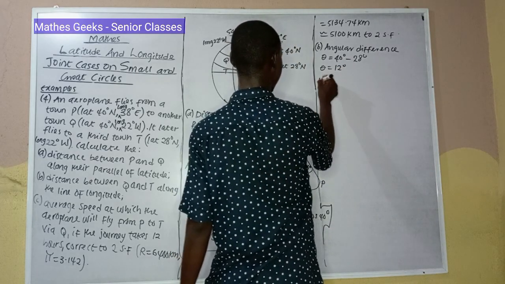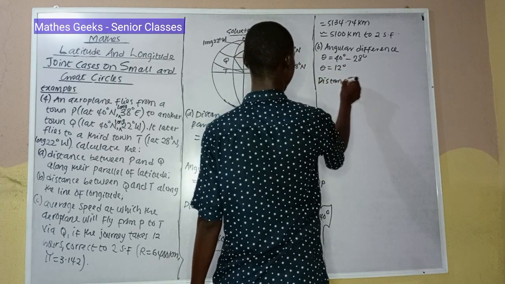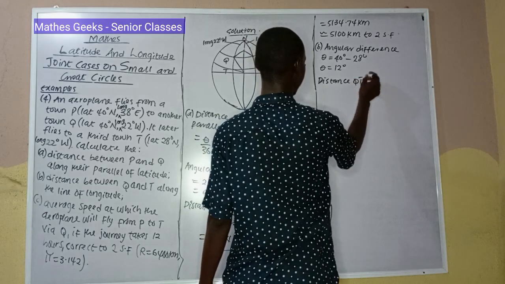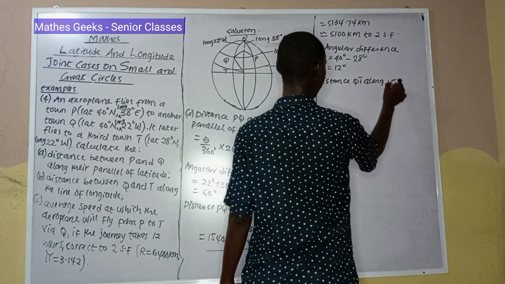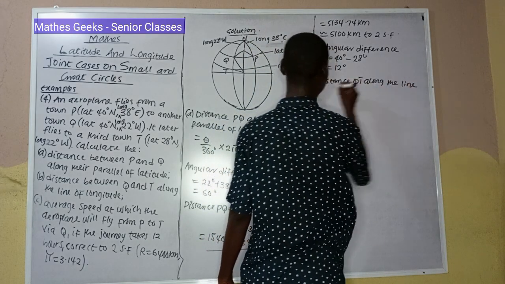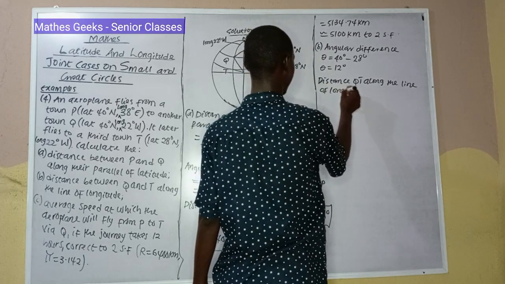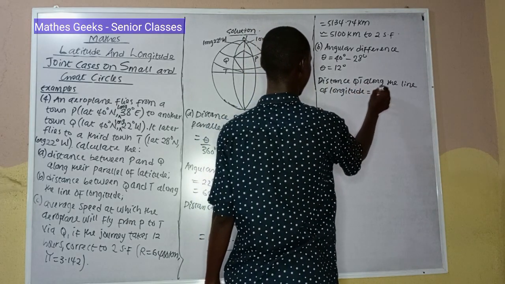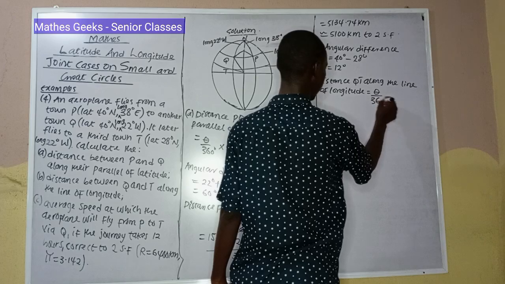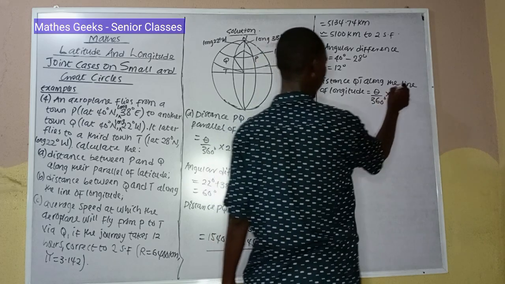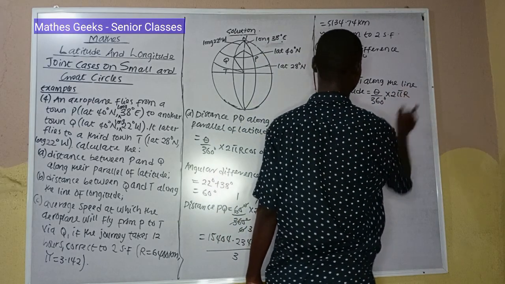So distance QT along the line of longitude is equal to theta over 360 degrees times 2 pi r.